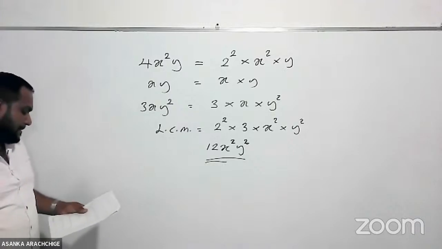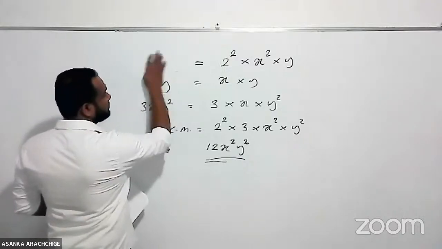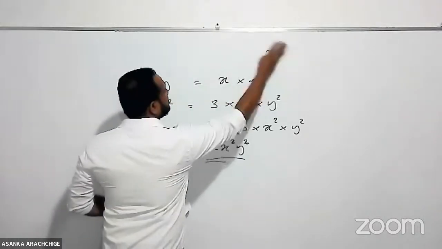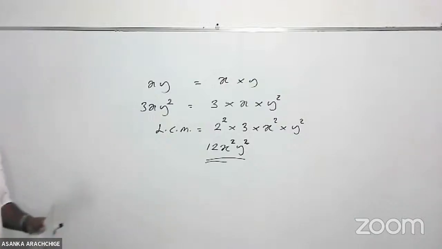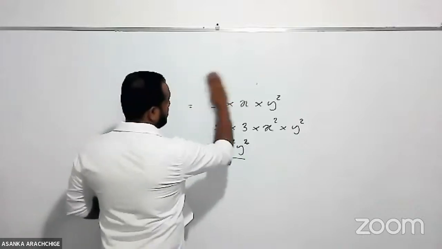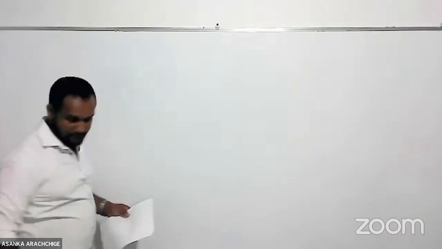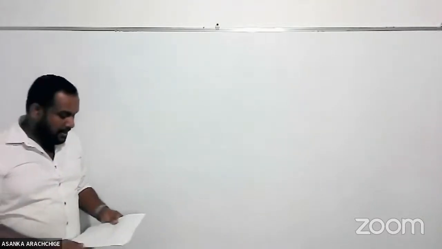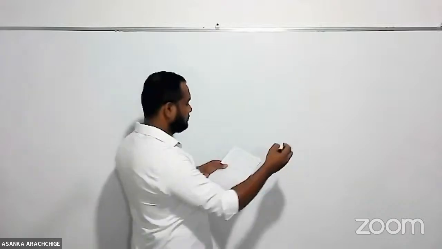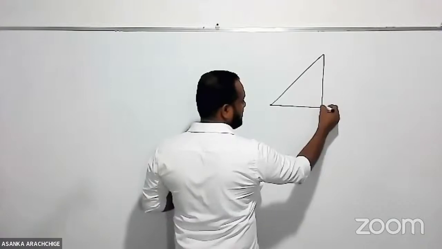Number 8. You are given a right angle triangle like this.